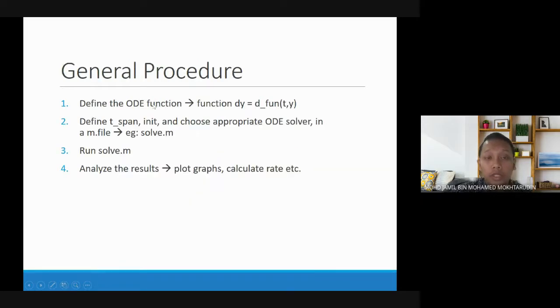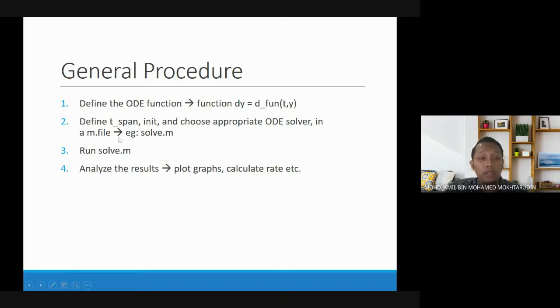The general procedure: first you define the ODE function. You write the ODE equations in that function and define all the parameters. The next step is to define the time span, define the initial value, and then choose an appropriate ODE solver.